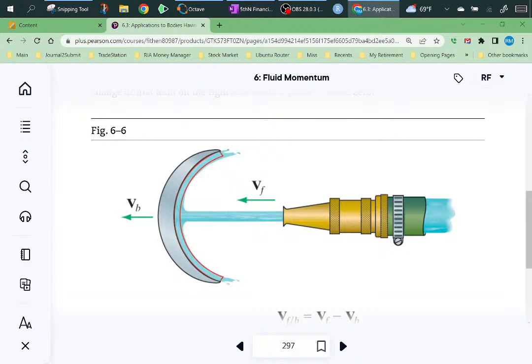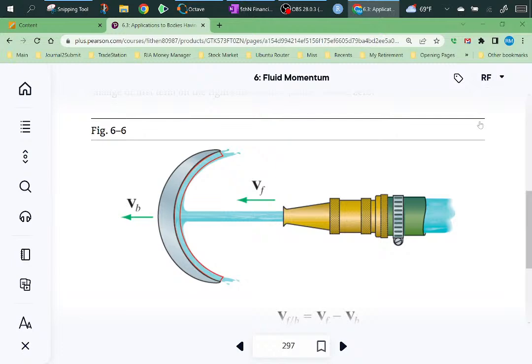And then it's this vane or whatever this is, he's calling it B. B is moving to the left, but the water is shooting out at VF. Hopefully, to have a reasonable problem, VF needs to be larger than VB so it catches up to this thing and hits it and spews off down and up to the right.